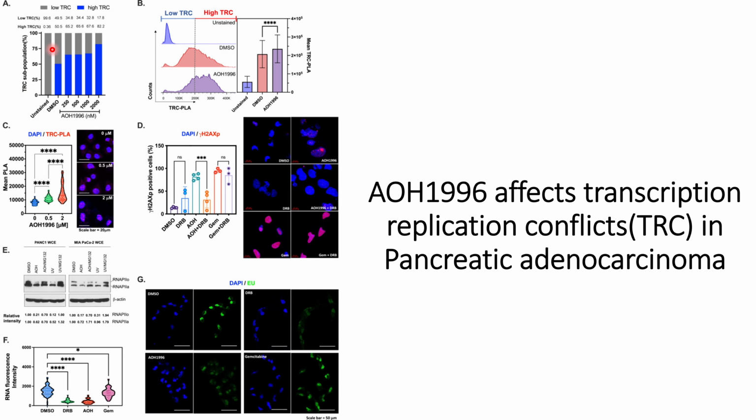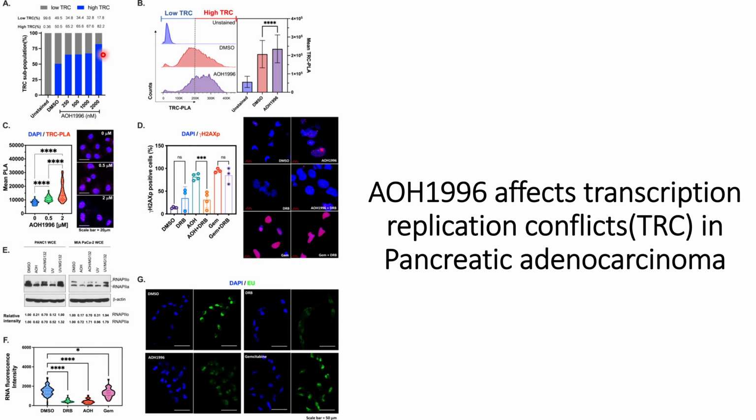So in the normal case, without any AOH1996 treatment, they see around 50% of the population has TRC in the PANC1 cell lines. But with a dose dependent increase in the AOH, they see a dose dependent increase in the TRC population, indicating that this AOH has a role in increasing these TRC conflicts in the PANC1 cells.